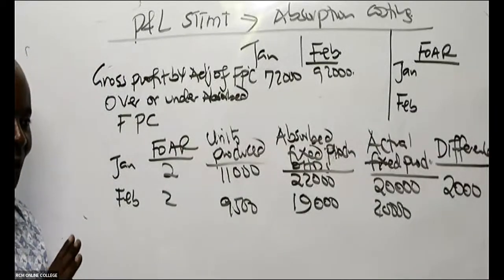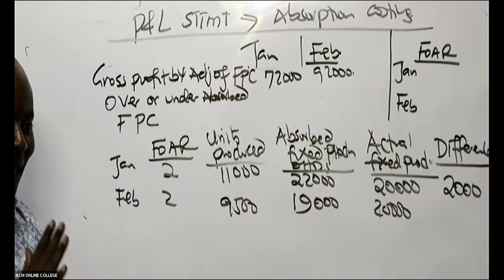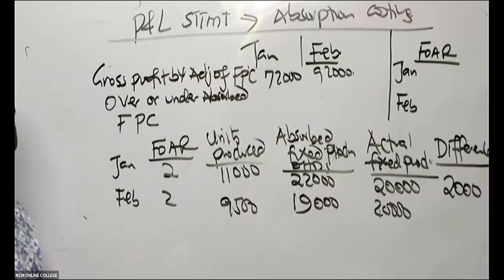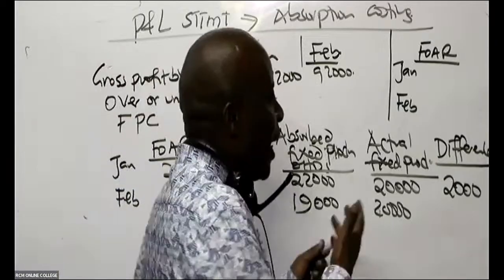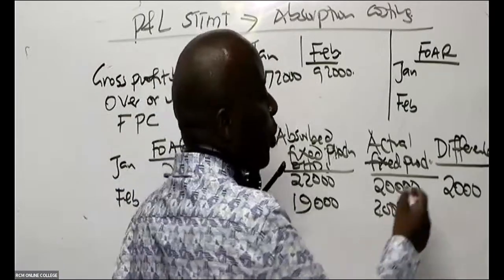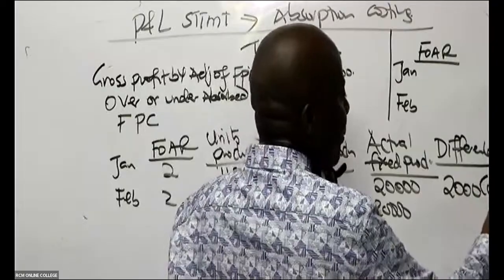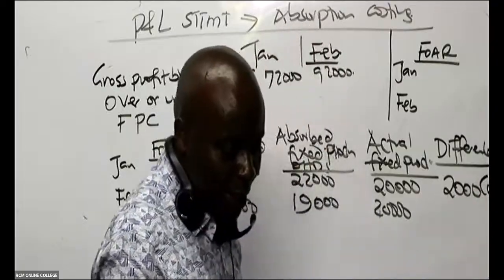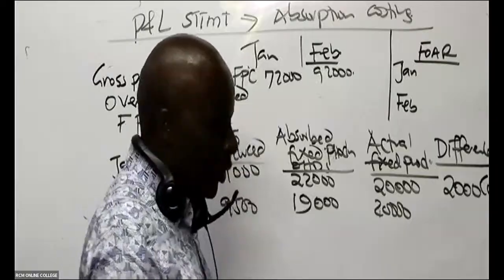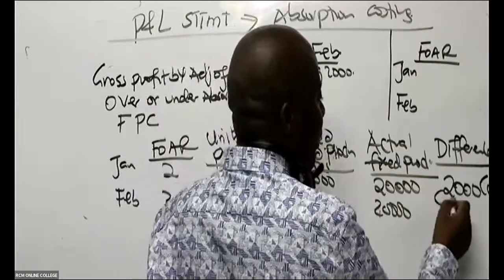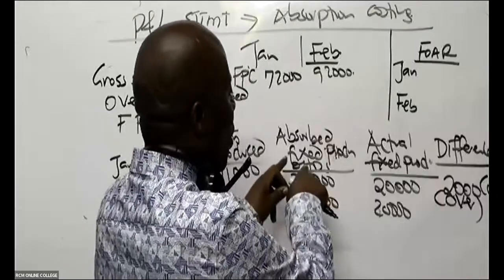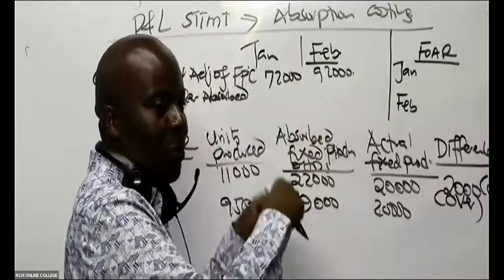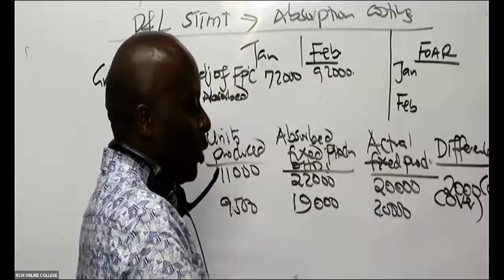I want you to tell me whether it's over or under absorbed. Because the absorbed was higher than the actual, this is what we call over absorbed. Sorry for that, because I can see so many guys, even online, are giving me the opposite. So for January, it's over absorbed because the absorbed is more than the actual. So it's an over absorption.